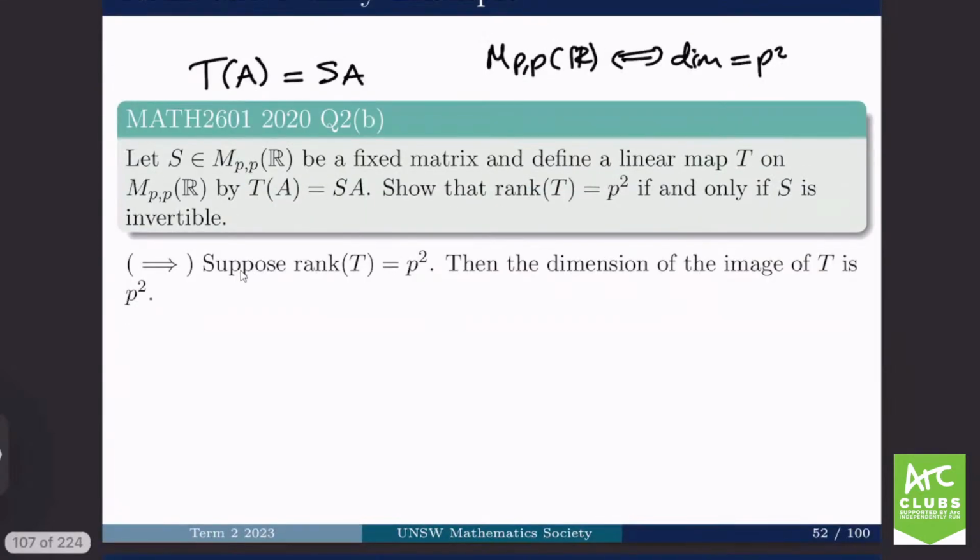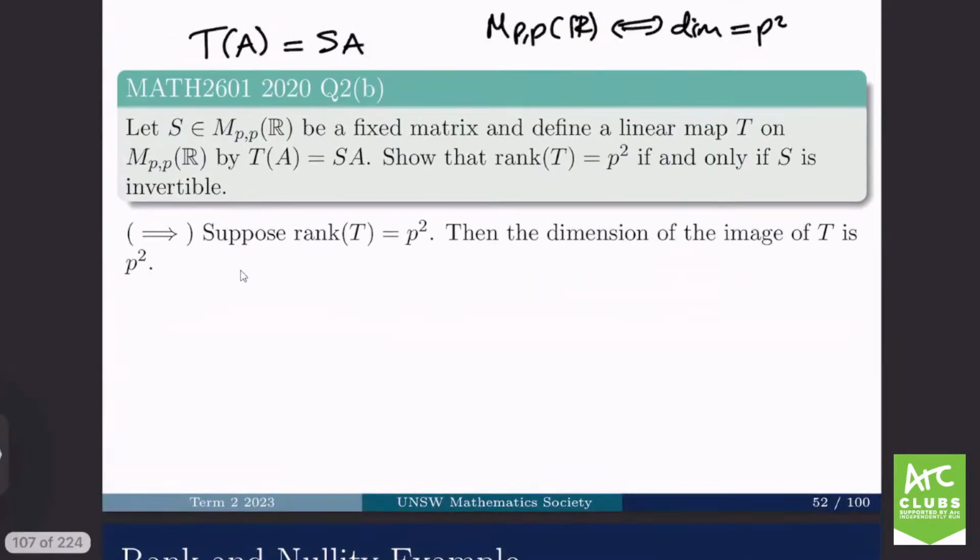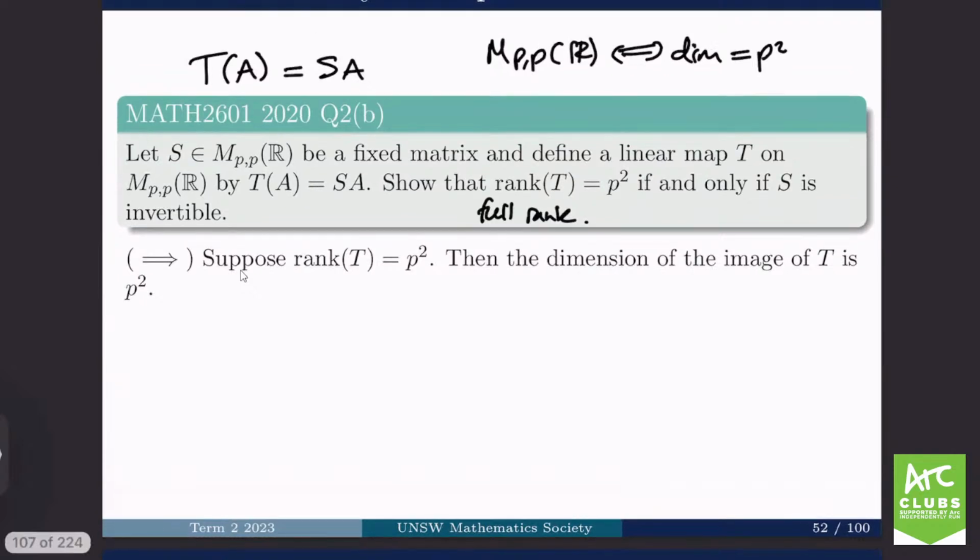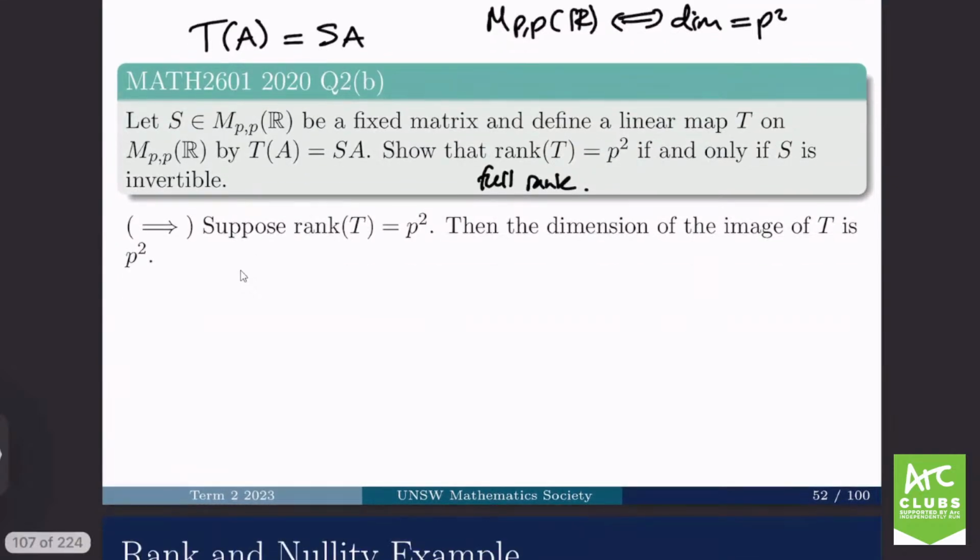So saying that rank of T equals P squared is equivalent to saying it has full rank. We want to prove that it has full rank if and only if S is an invertible matrix. Keep in mind this is an if and only if, so we need to prove both the forward and the reverse direction.